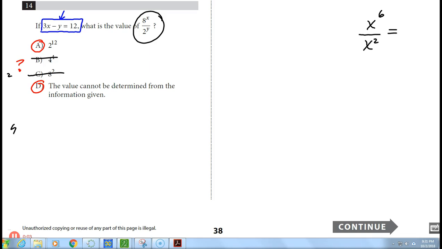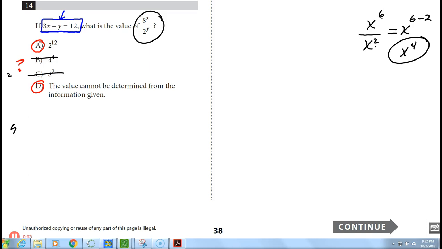What does that come out to be? Well, when you divide powers, what you're supposed to do is subtract the exponents. So the correct answer is x to the 4th. A lot of people might think that you divide these and get x to the 3rd, but that would be wrong. The proper exponent rule is when you divide powers, you subtract the exponents.